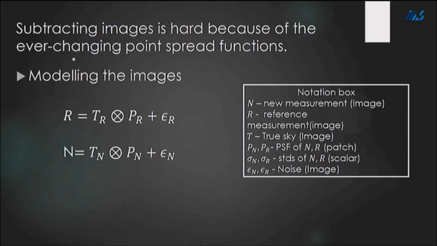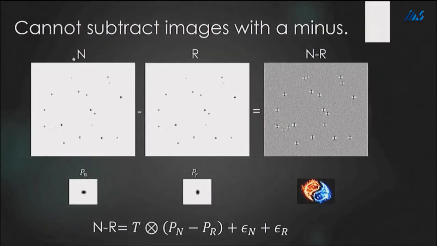Okay, good. Why is it not just a minus? If I have one transfer function for the new and one transfer function for the reference, and they are not the same, even if the sky is the same, you're going to end up convolving with a difference of transfer functions.